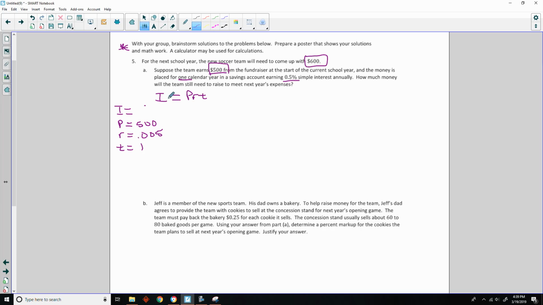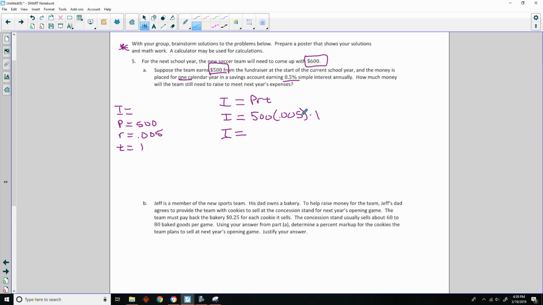Okay, so if I use this equation, I equals PRT, I'm trying to find interest. That's what I don't know, that's my unknown. P is 500, the rate is 0.005, and my time is 1. So I can ignore the time because it's only 1 year, and anything times 1 is itself. That's the multiplicative identity.